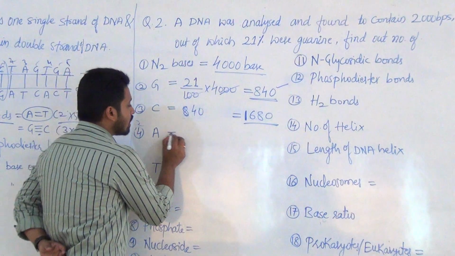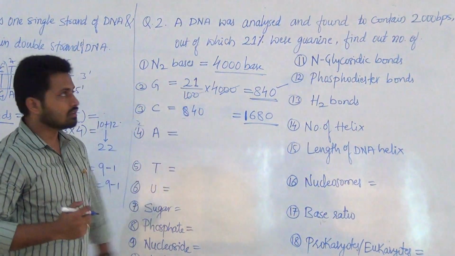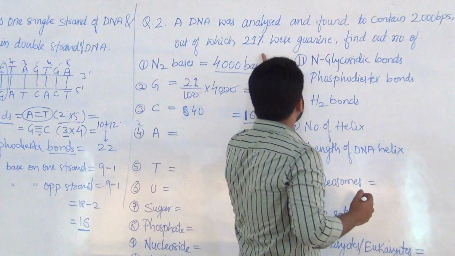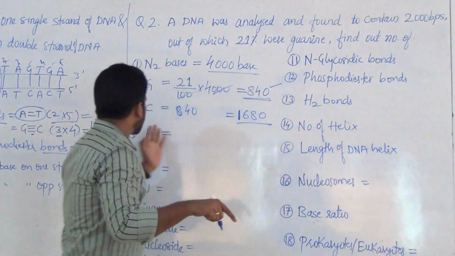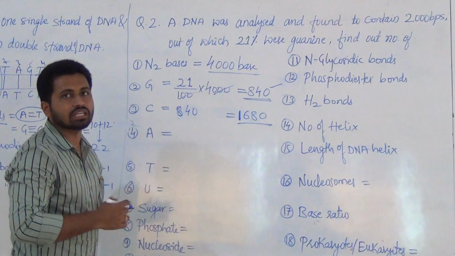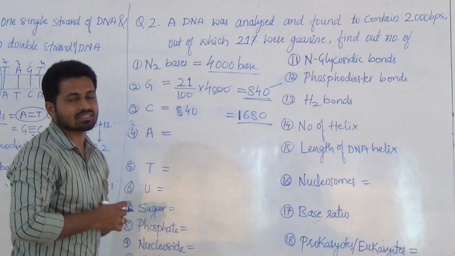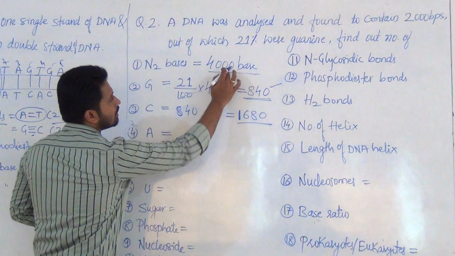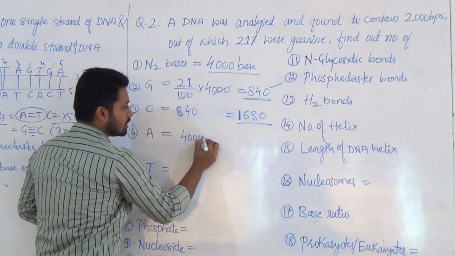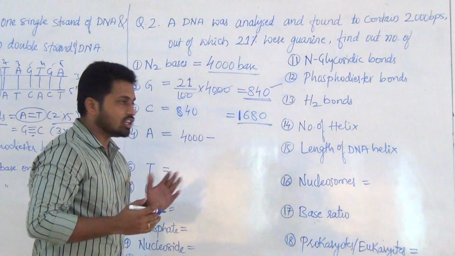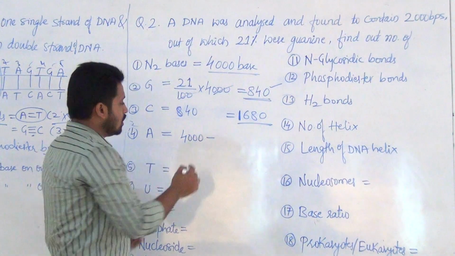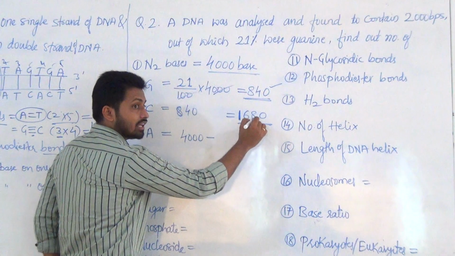Now coming to the percentage of adenine. What is the question? When guanine is 21%, find out the number of adenine. How can we calculate? Total number of bases is 4000, minus guanine and cytosine.